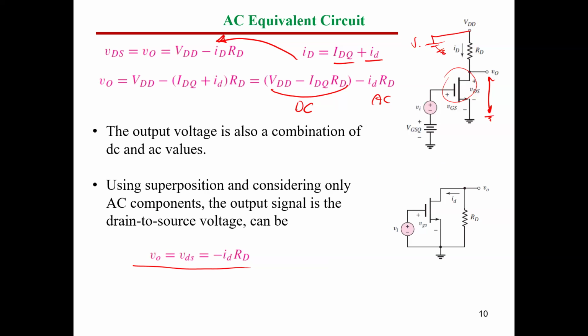With superposition, VDD or DC sources will be removed from the circuit, so this would be connected to ground now. So between V out and the ground, we have the resistance RD.